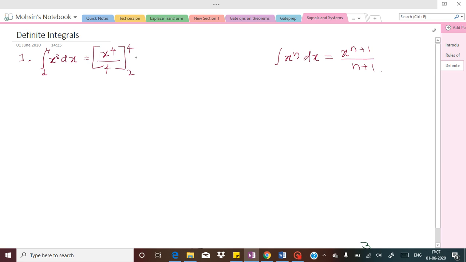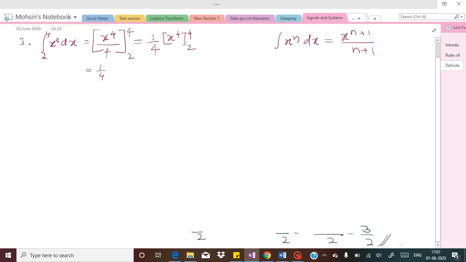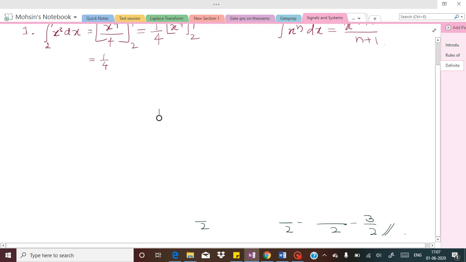Now we can substitute these two limits in the value of x here. 1 by 4 is a constant, so let me take it out. Then the limits apply only for x, that is x raised to 4 between 2 and 4. So therefore 1 divided by 4. Now if I substitute the limits, the upper limit has to be substituted first, then the lower limit.